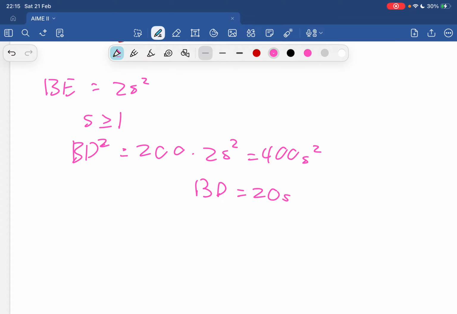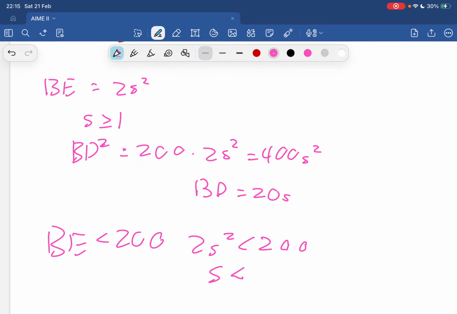BE being less than 200 also implies that 2s squared must be smaller than 200, so s must be less than or equal to 9.